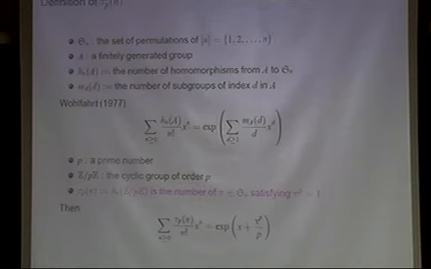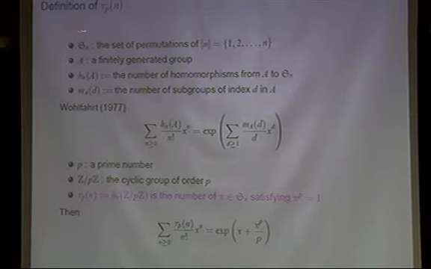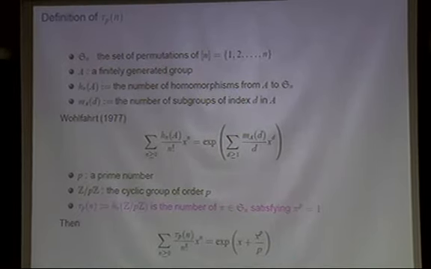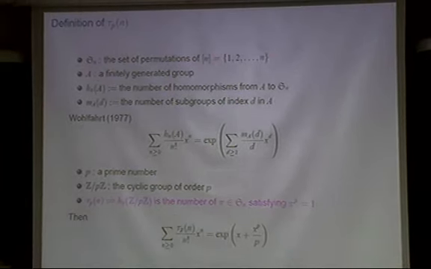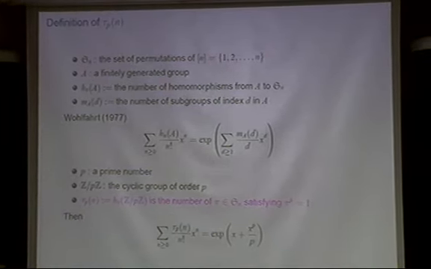Okay, I'll start with some definitions. Here, Sn is the set of permutations of n. Bracket n denotes the set of integers from 1 to n. Let A be a finitely generated group, and H_n(A) is the number of homomorphisms from A to Sn.